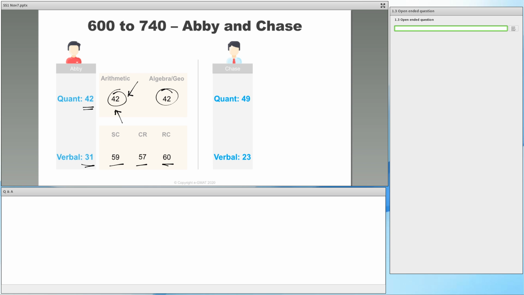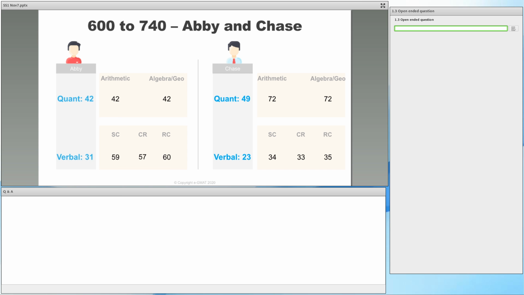To simplify things, I've put her arithmetic and algebra percentiles around the 42nd percentile, and on verbal, I've put it at the 60th percentile. In reality, there are about 20 combinations that could get you to that Q42, and another 30-odd combinations that would get you to a V31. On the verbal side, Abby is around the 60th percentile overall.